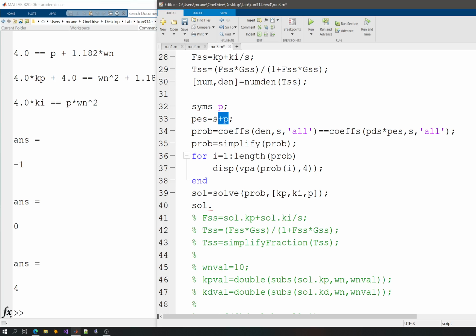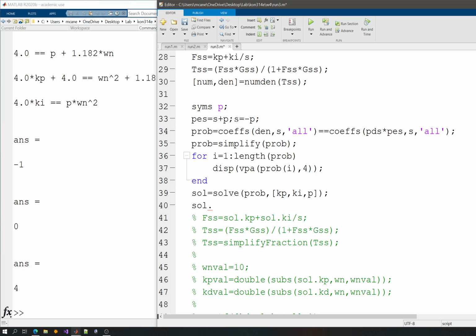In that case, I can assure that the whole closed loop system will be stable, since s plus P has the solution s equals minus P. So if P is positive, I will always be on the left-hand side of the s domain.